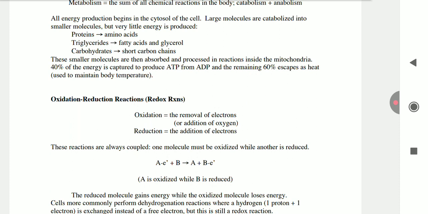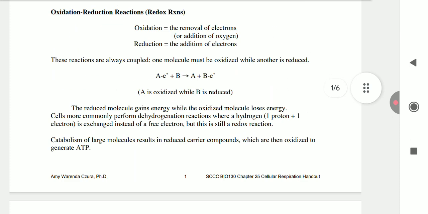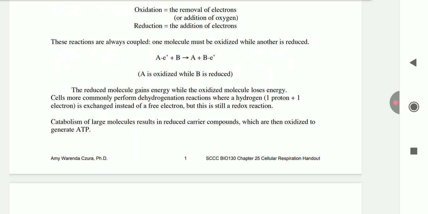Cells more commonly perform dehydrogenation reactions, where a hydrogen, one proton plus one electron, is exchanged instead of a free electron. But this is still a redox reaction. Catabolism of large molecules results in reduced carrier compounds, which are then oxidized to generate ATP.